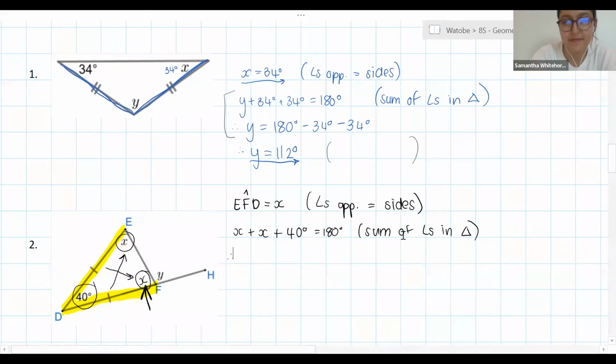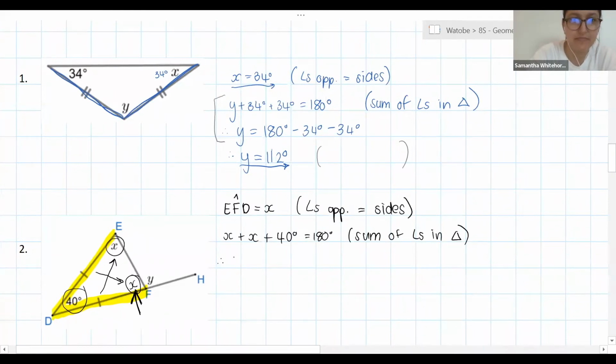I'm going to say, yes, 2x equals 180 degrees minus 40. Good. And then I say 2x divided by 2 equals 140 divided by 2. Good.